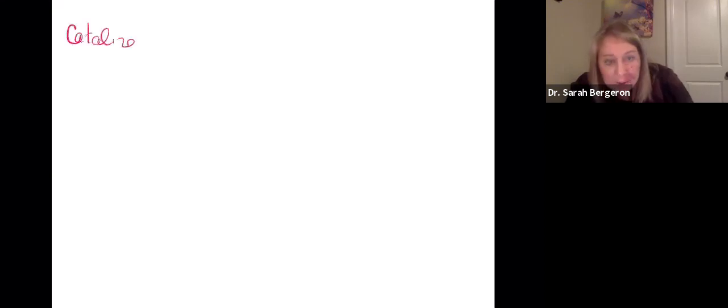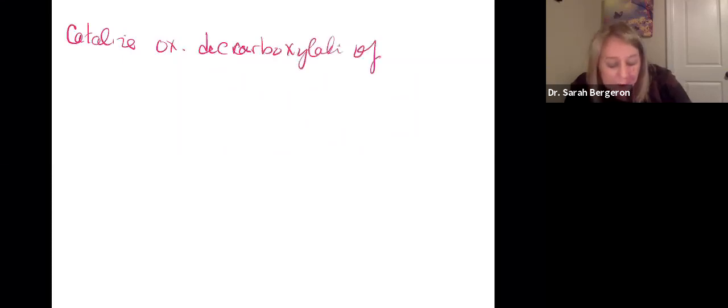So in this case, let's talk about which reactions catalyze oxidative decarboxylation of our pyruvate to acetyl CoA to generate our 3 CO2 and 3 NADHs, right?